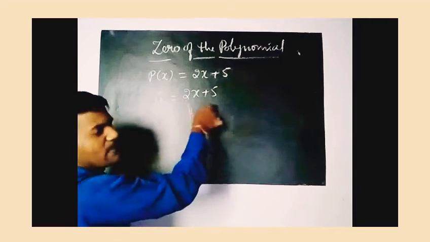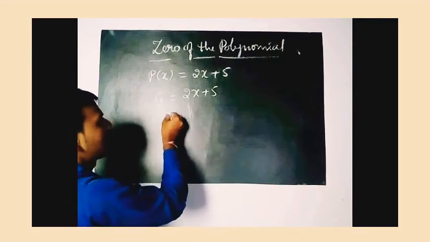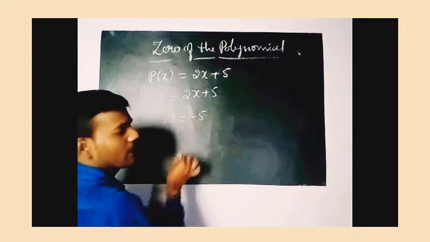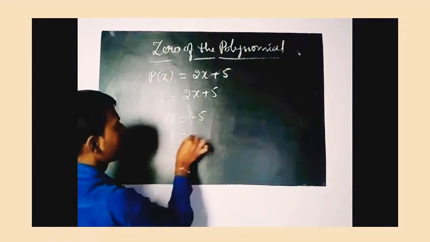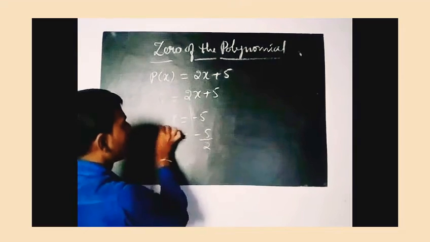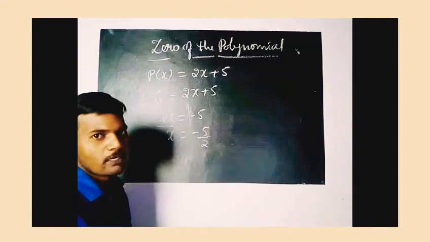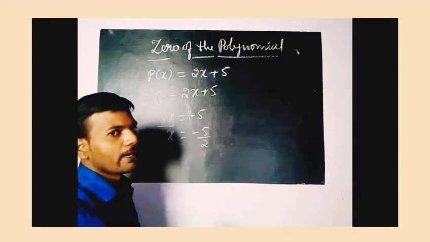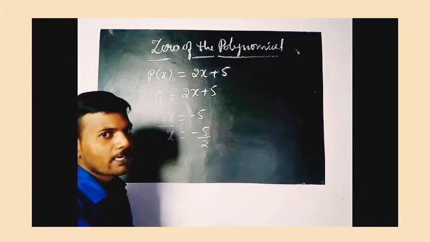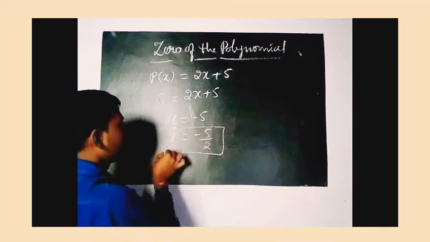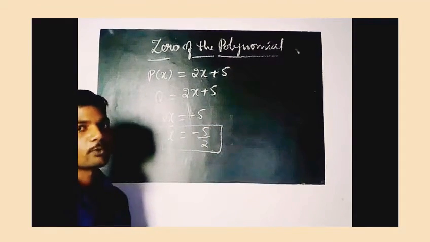Then transpose the 5 to the left side, so it becomes 2x is equal to minus 5, and next x is equal to minus 5 by 2. Whenever the product of a numeral and the variable is there, the numeral goes to the right side as the denominator. So x is equal to minus 5 by 2 is the zero of the polynomial.